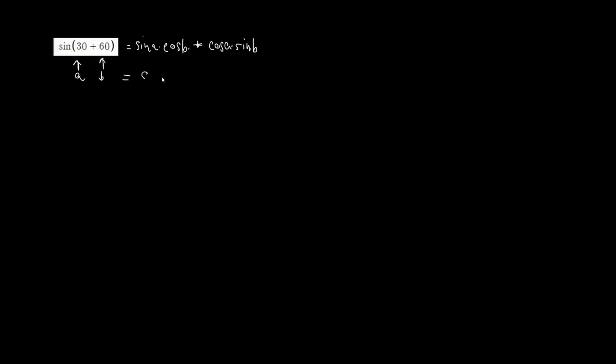So let's further substitute. This is sine 30 degrees times cosine 60 degrees plus cosine 30 degrees times sine 60 degrees. Let's have a short recap.